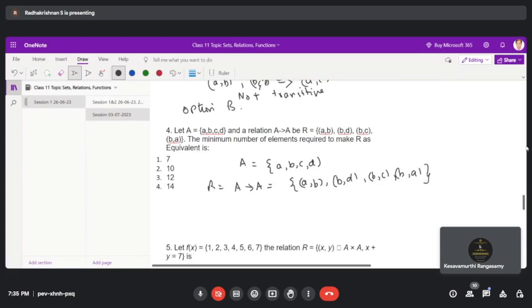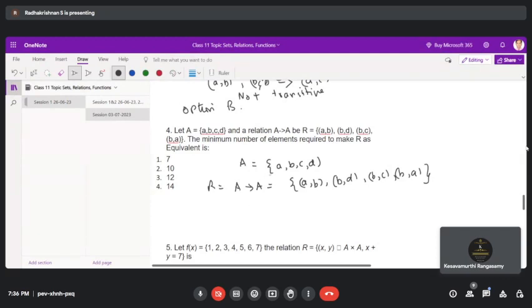Now, the minimum number of elements required to make R an equivalence relation. So, how many elements do we need to add to make it an equivalence?